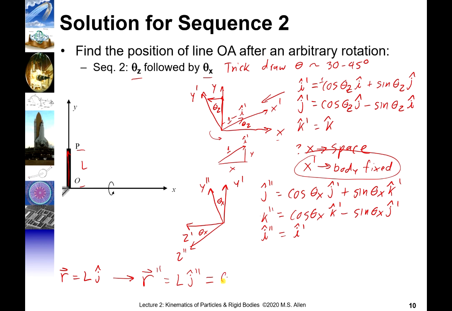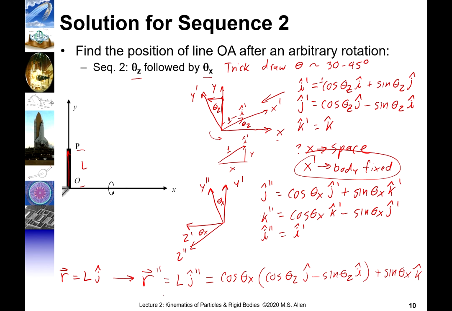That will be a cosine of theta x in the j prime, which up above, that's a cosine of theta z in the j minus a sine theta z in the i. And then we'll add to that a sine theta x in the k prime, which is equal to k.